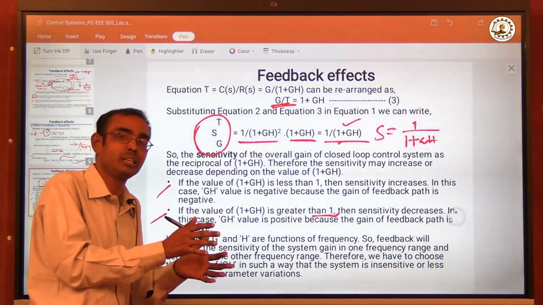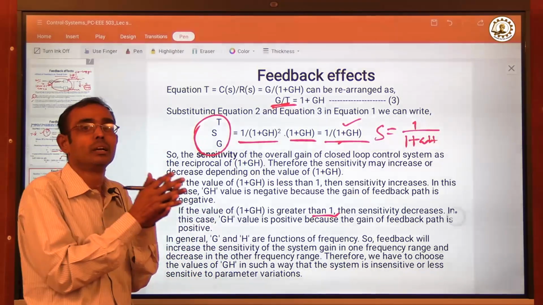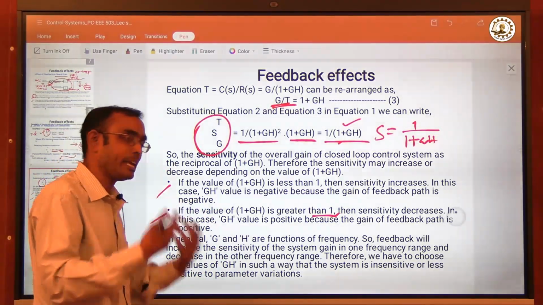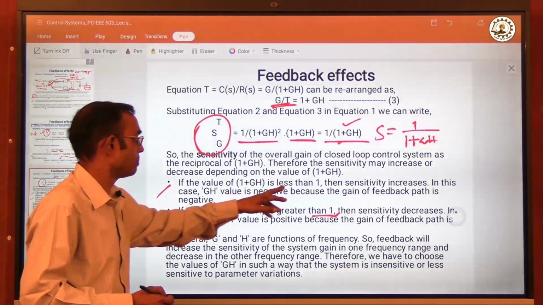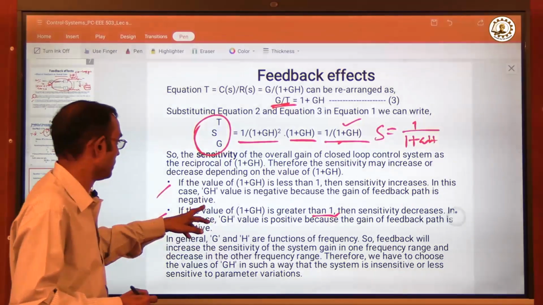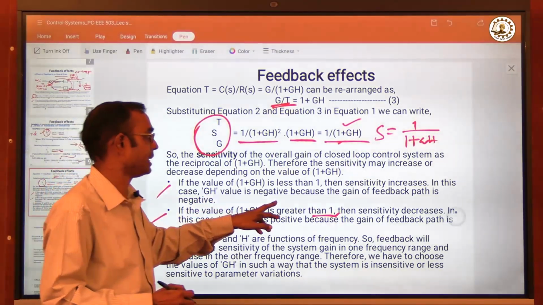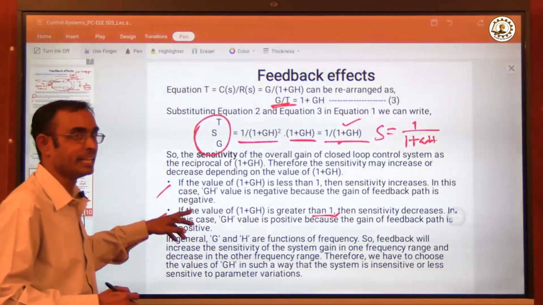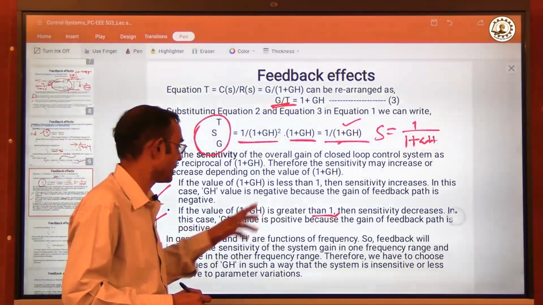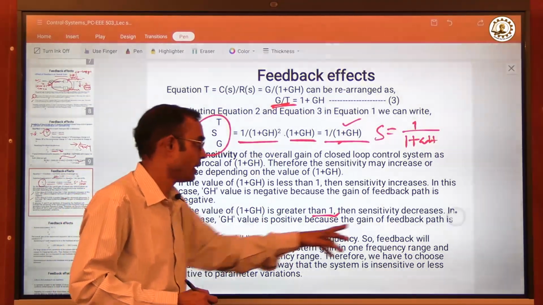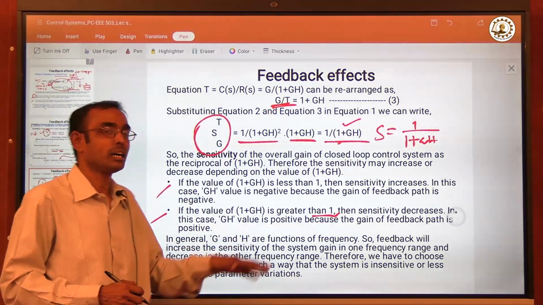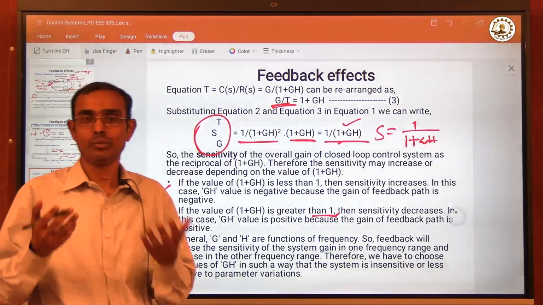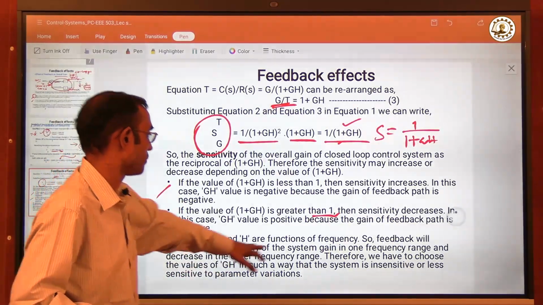Similarly to what we saw while explaining the effect of feedback on gain, the same explanation applies here. When 1 plus gh is less than 1, the gh value is negative and the gain in the feedback path is negative, and when it is greater than 1, the gh value is positive and the gain in the feedback path is positive. In general, gh are functions of frequency, as we emphasize once again.